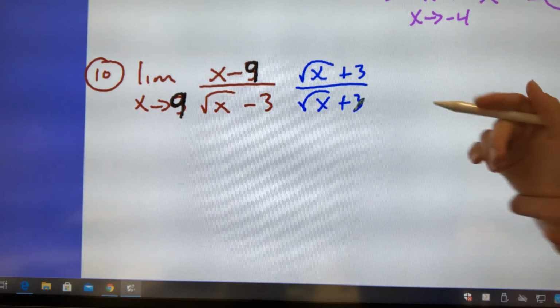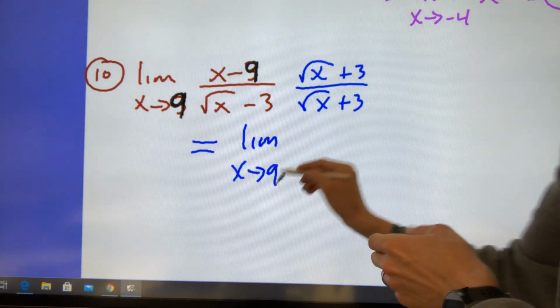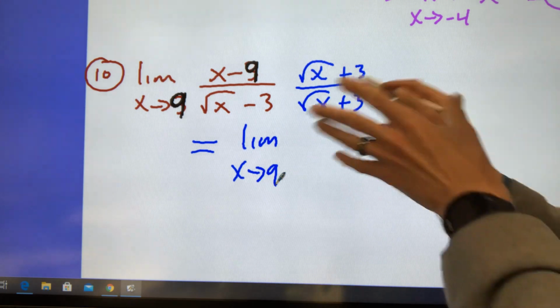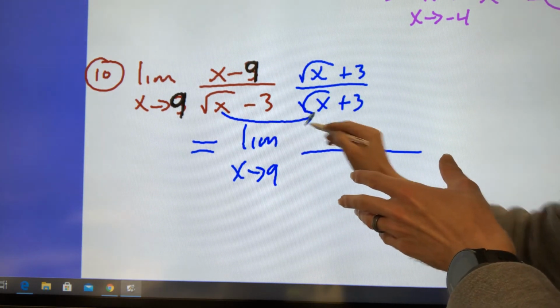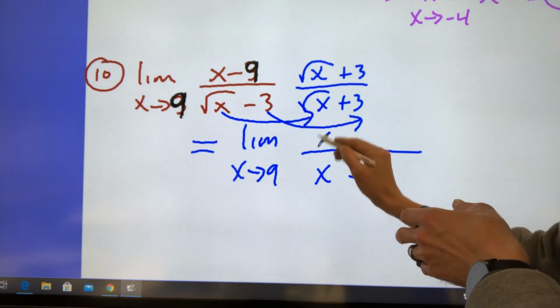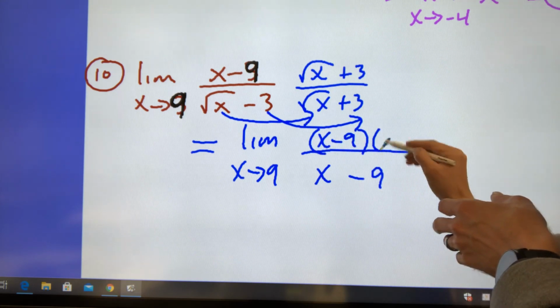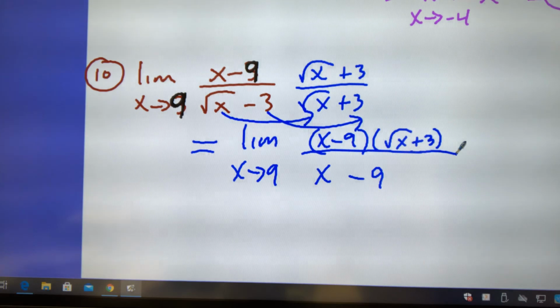All right. Now I have the limit as x goes to 9 of, again, don't distribute this. In the bottom, you have x minus 9. Up top, you have x minus 9 times root x plus 3. Now the x minus 9s will cancel.